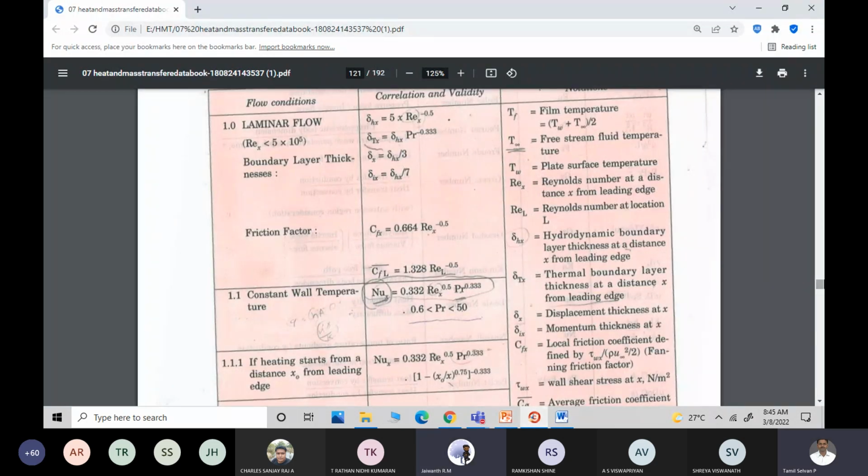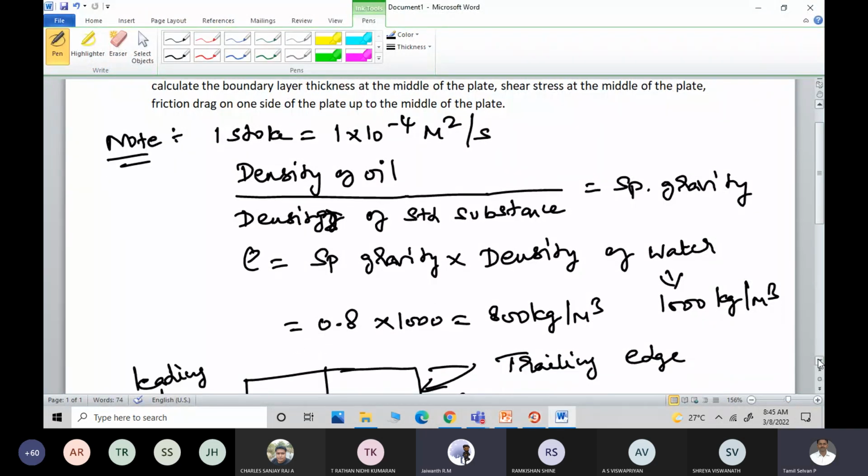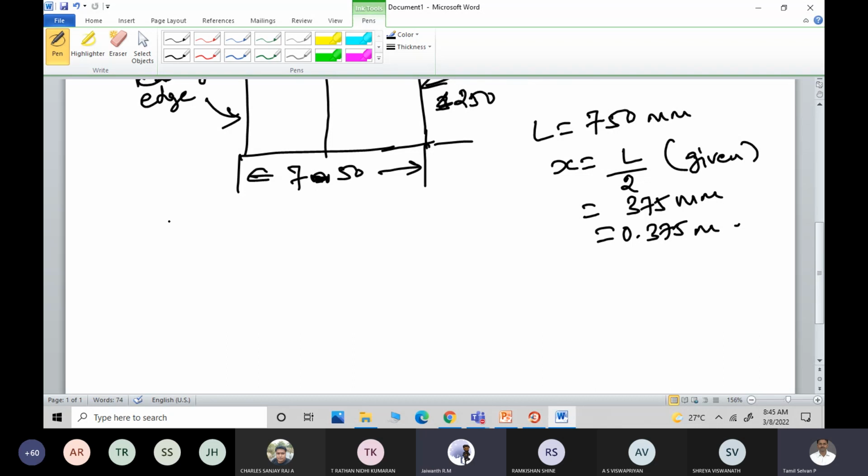Del Hx, the velocity boundary layer thickness, is 5 into x into Reynolds number power minus 0.5.